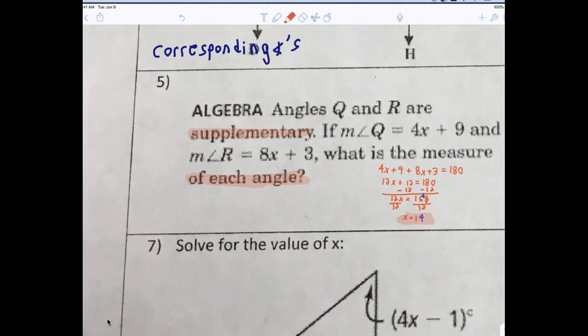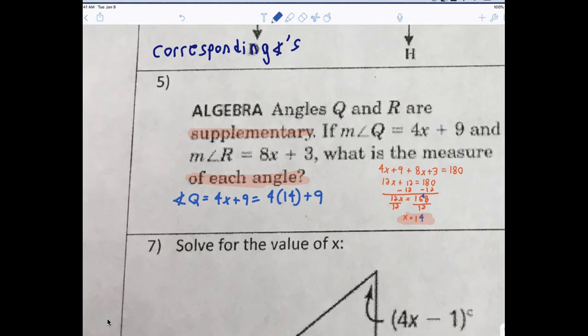Exactly. So you're going to write angle Q is equal to 4x plus 9, right? And what's x? 14. So it would be 4 times 14 plus 9. Good.